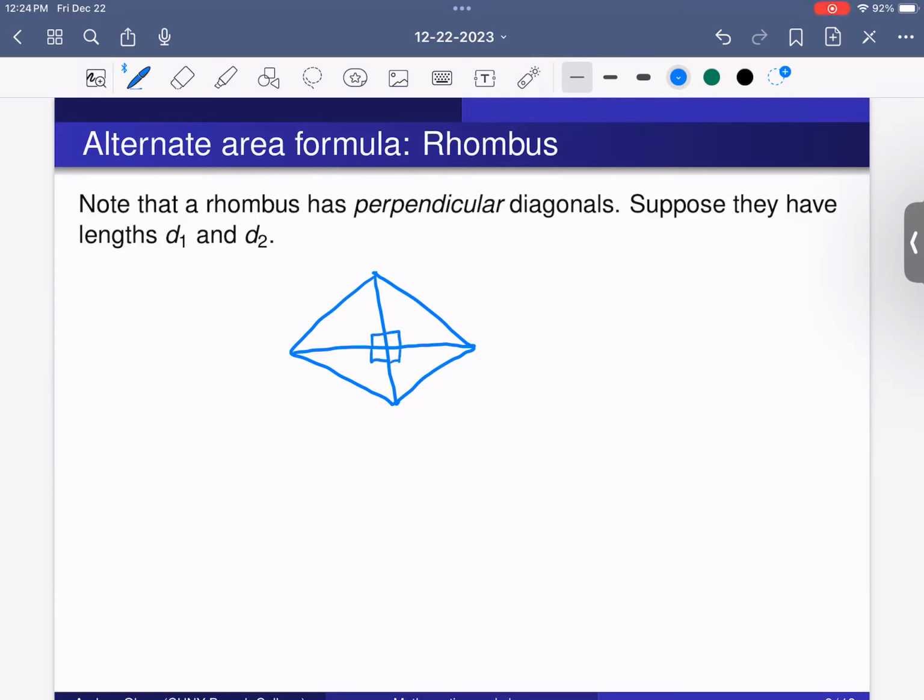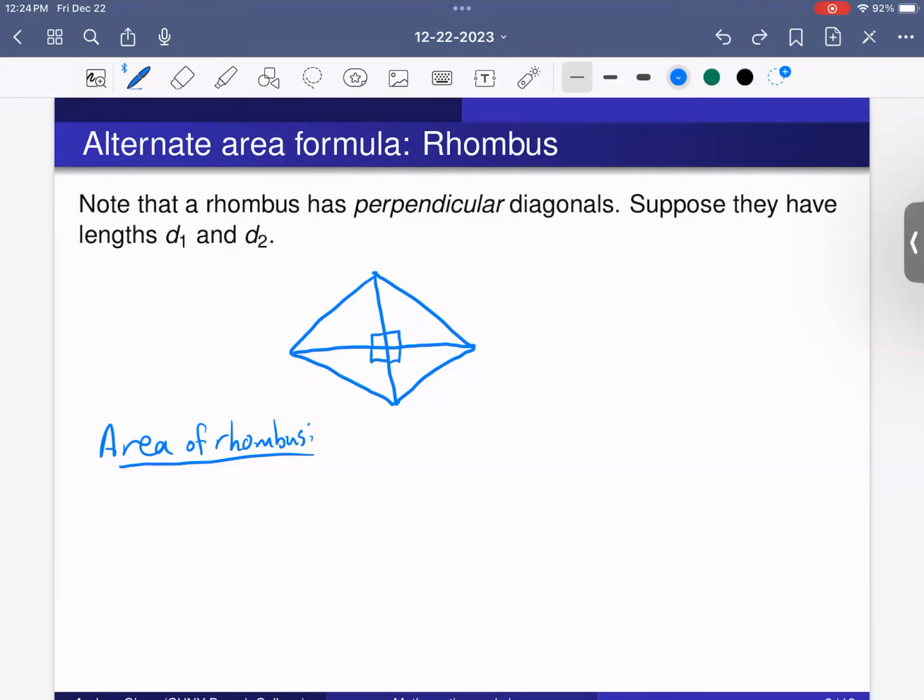And if each diagonal has length d1 and d2, then what's the area of a rhombus? Well, this would be d1 over 2, and this here is d2 over 2.